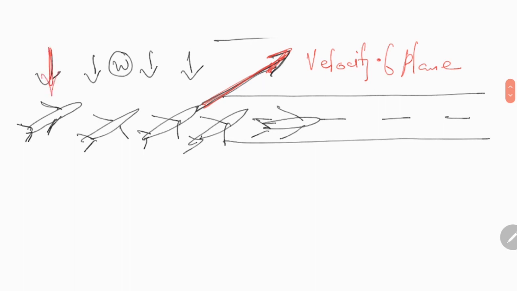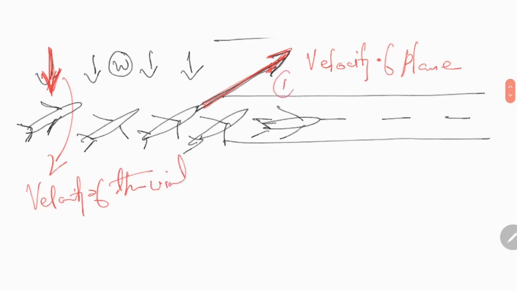I'll take one of them. This is the velocity of the wind. So you have 1, you have 2. And how do you want the plane to move? You want the resultant to be in a straight line, right? So this is your resultant.